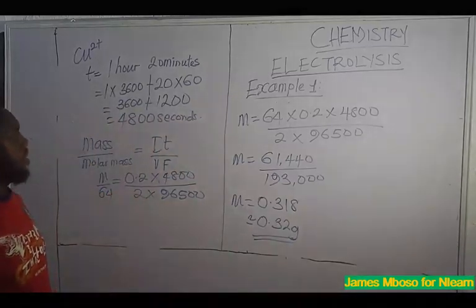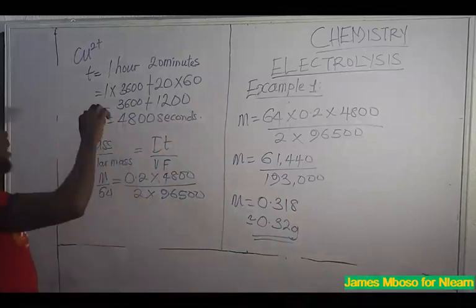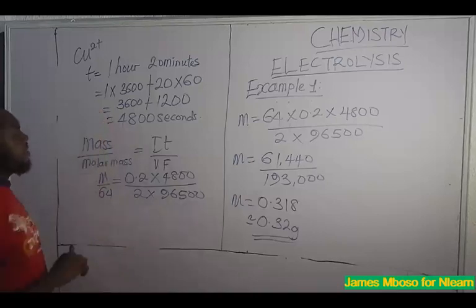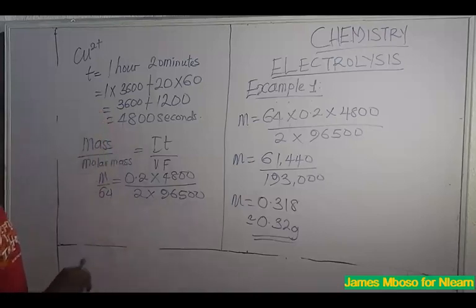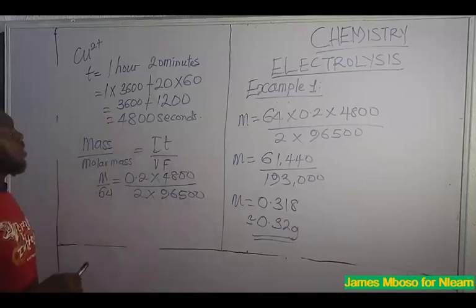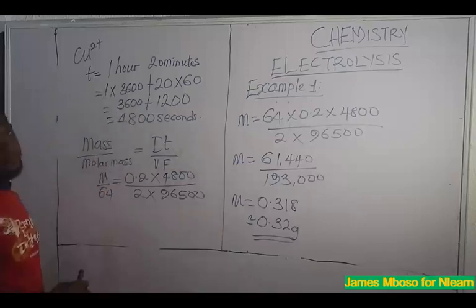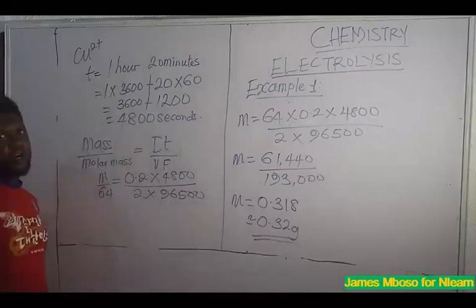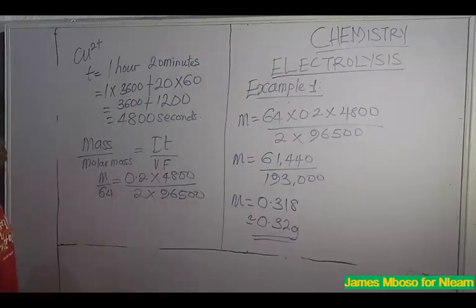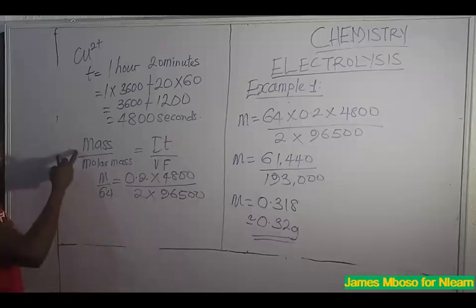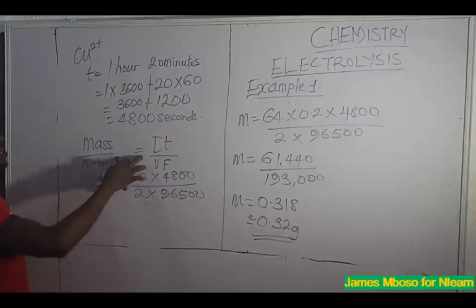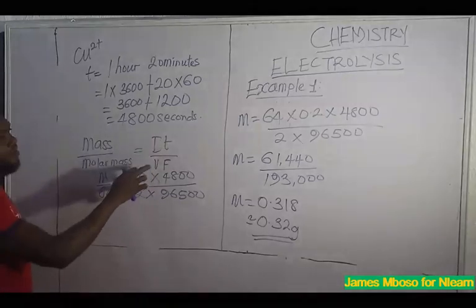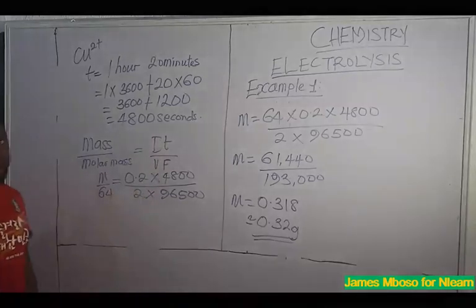Now we take the explanation again. From the question, we're told that the current of 0.2 ampere flows through the salt for 1 hour 20 minutes. In 1 hour 20 minutes, we have 4,800 seconds. From the formula, mass over molar mass equals current times time, all over the valency and the Faraday constant.